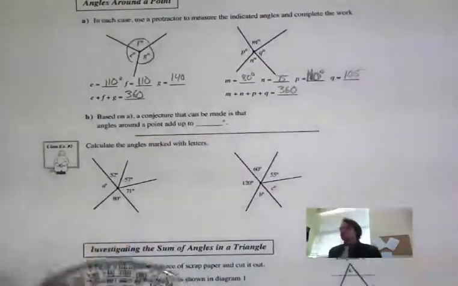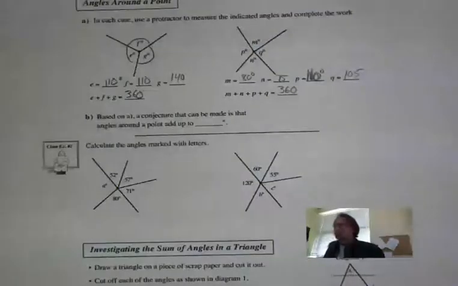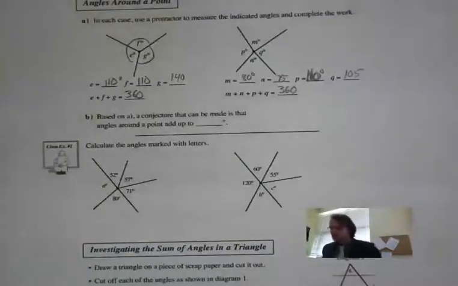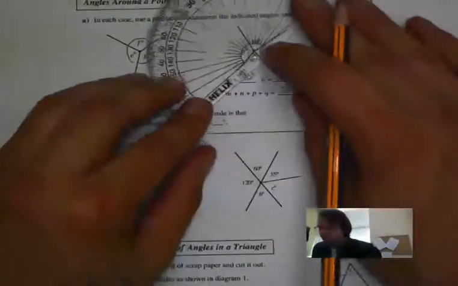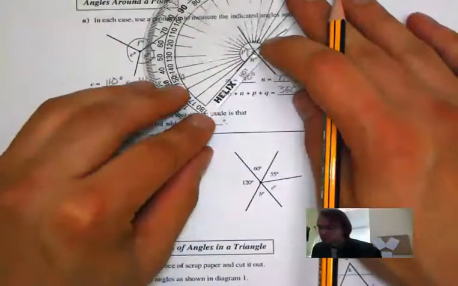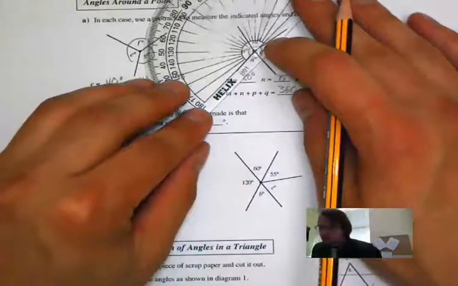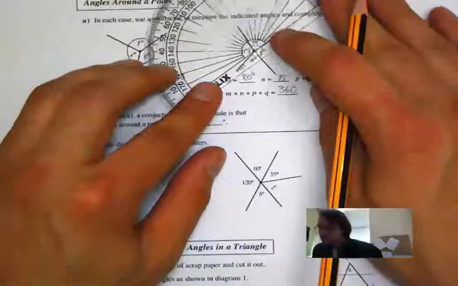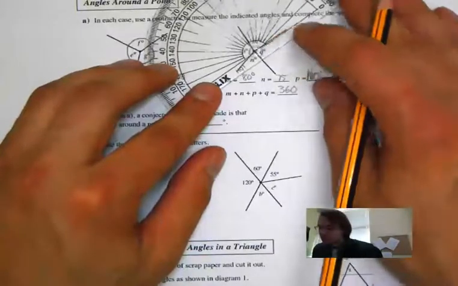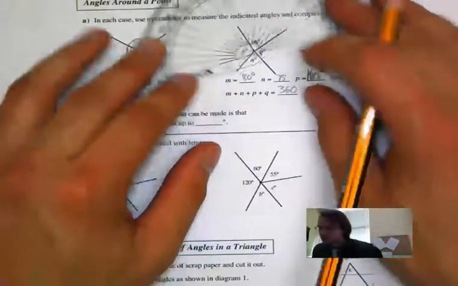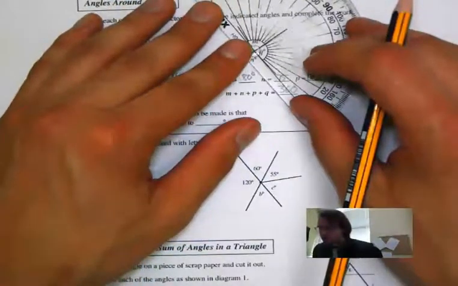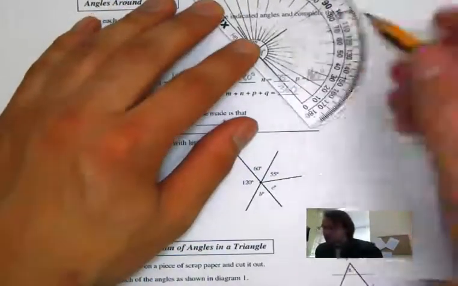There we go. P is 110. Sorry, a mistake. So now we add those up. P is 110, and M is 80. Q, just do a quick remeasure of everything, just to make sure.